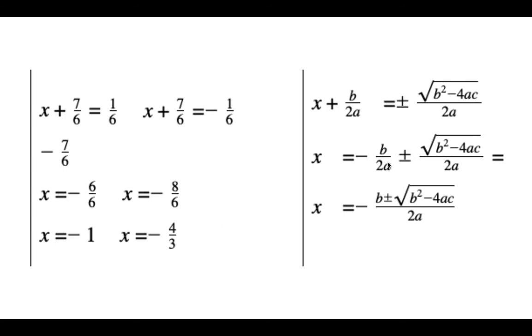I do that over here, and I've got negative b over 2a plus and minus the square root of b squared minus 4ac all over 2a. I already have a common denominator, so I can just rewrite them like this: negative b plus or minus the square root of b squared minus 4ac all over 2a. And I'm there. I have the quadratic formula.